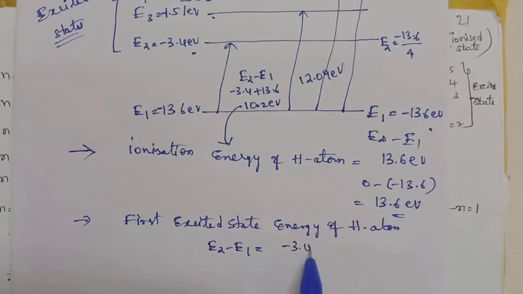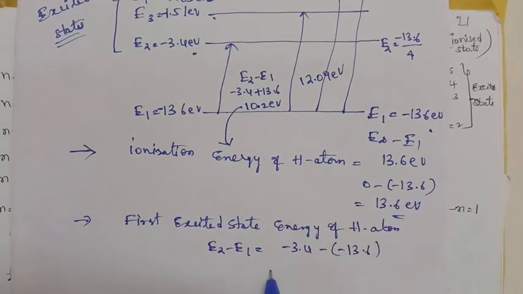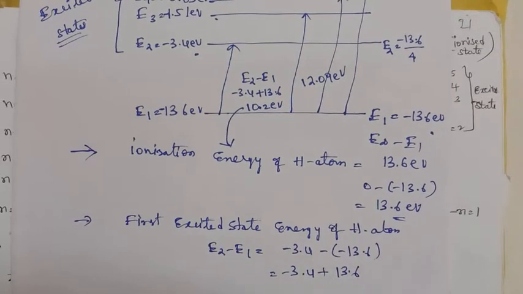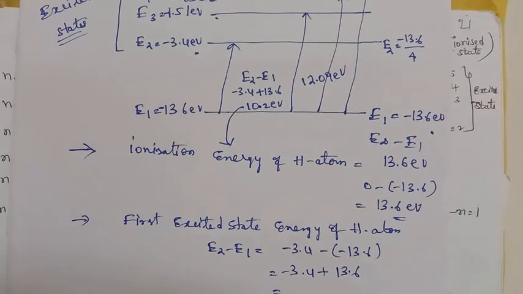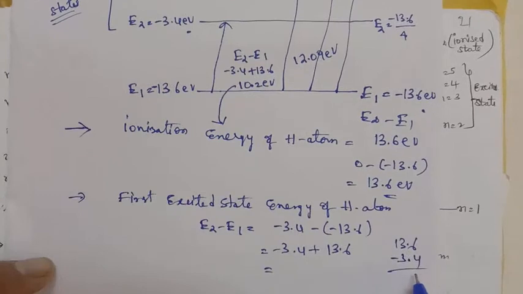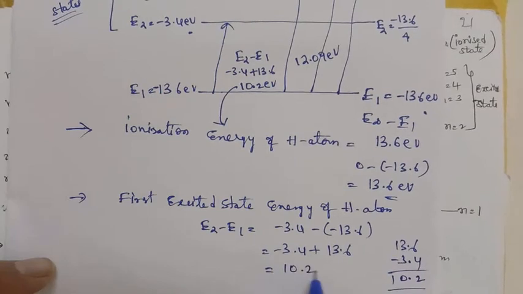Minus 3.4 minus of minus 13.6 electron volts, which is minus 3.4 plus 13.6 electron volts. So what value are you getting? 13.6 minus 3.4: 6 minus 4 is 2, 3 minus 3 is 0. So 10.2 electron volts.